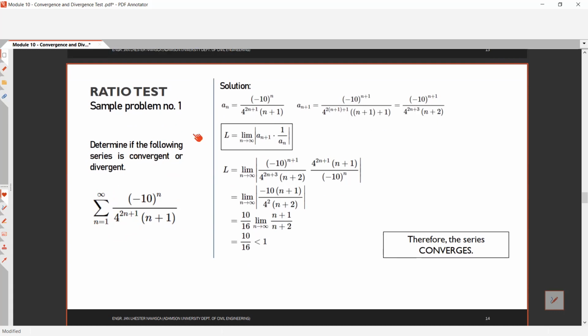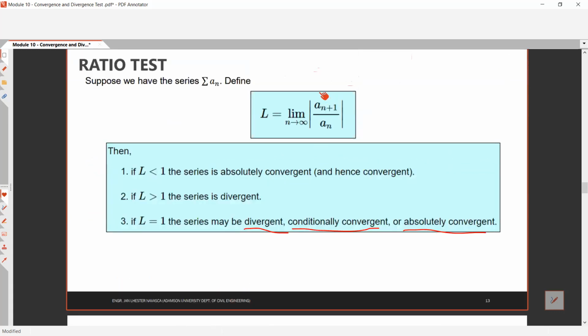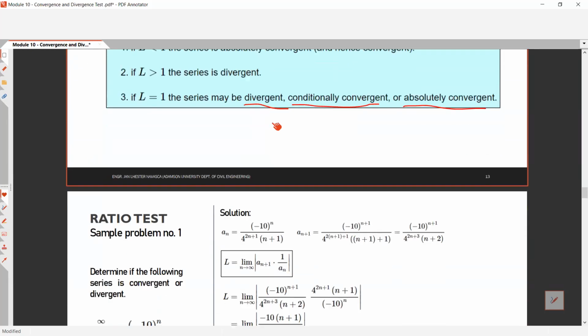Using the ratio test, the term divided by the previous term, taking the limit of that ratio as n approaches infinity, that is the value of our L.